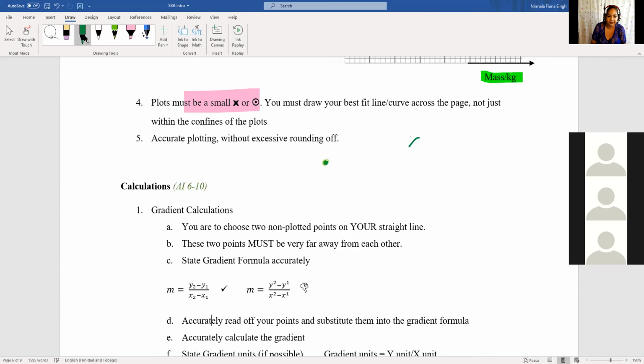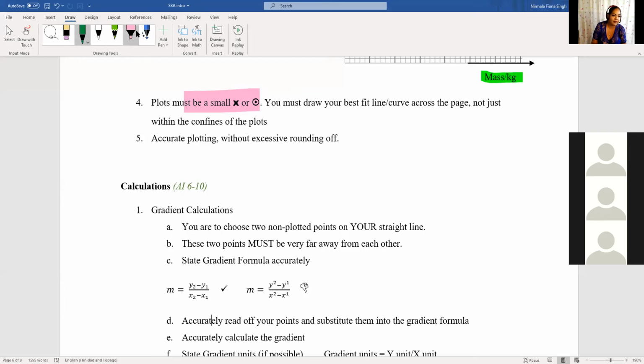If I'm telling you to plot a graph using a small x or a dot with circle, and you're going to come with your stubborn self and write dots across the page, you're not asking for me to clout you. Why is it a mark you want to give away? Honestly, you're just writing an X in your lab book. Please, this is CXC rules, an X or a circle with a dot.